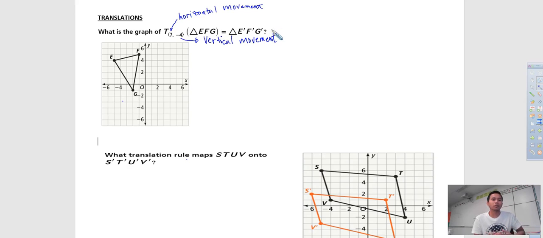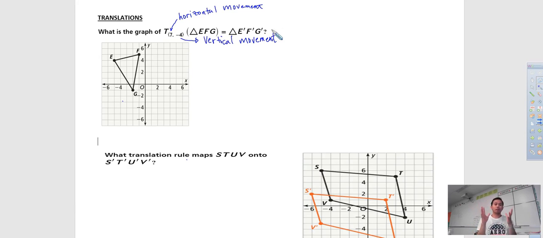So in this situation, all of the points move horizontally 7 units, and all of the points also move 4 units vertically. But the question is, are they going to move to the left, or to the right, or up, or down?